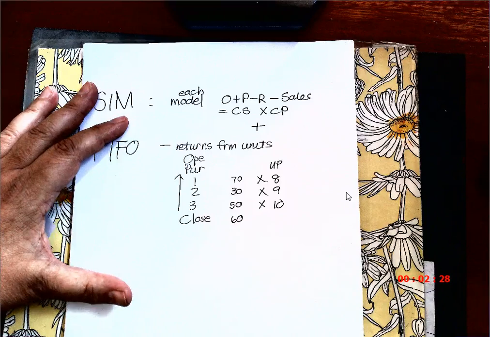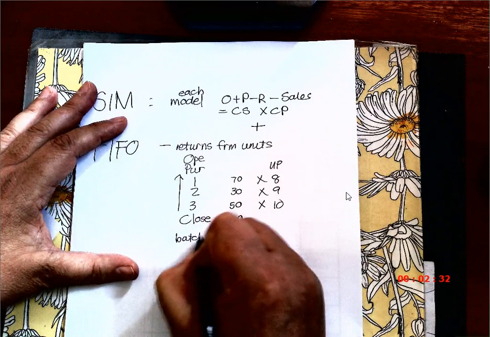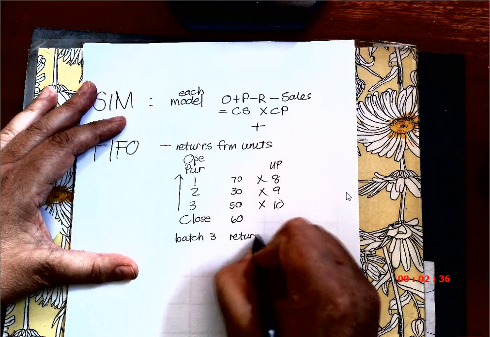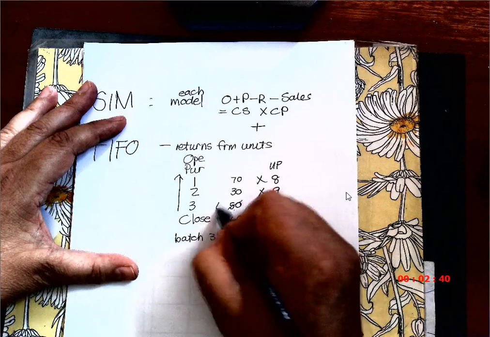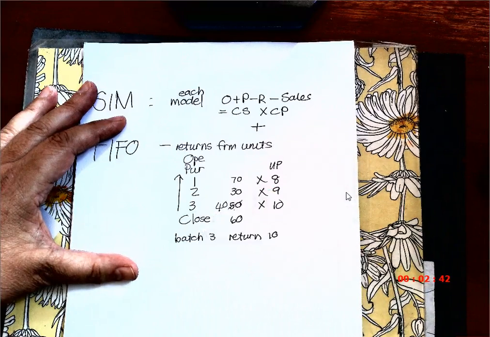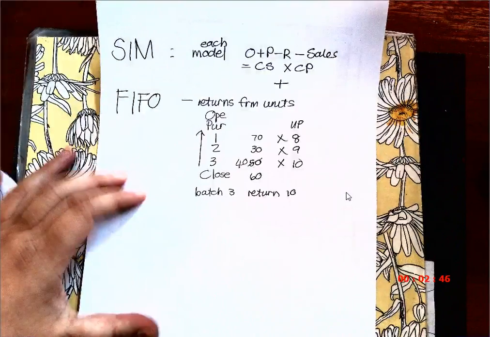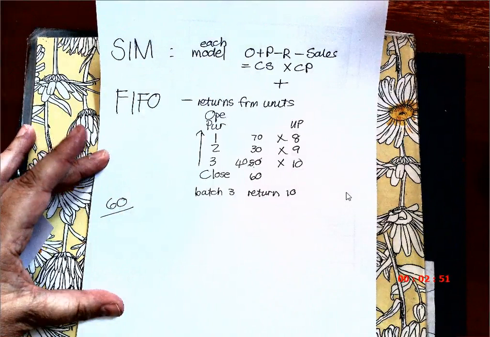Now what do I do? I go, look, if there was a return from batch 3 of 10, then I know that 50 is not 50, it's only 40. So now I say, okay, I need to give a rand value for 60 units.